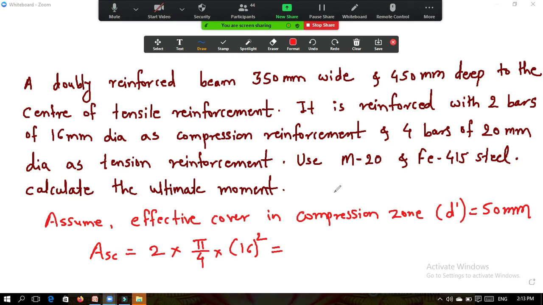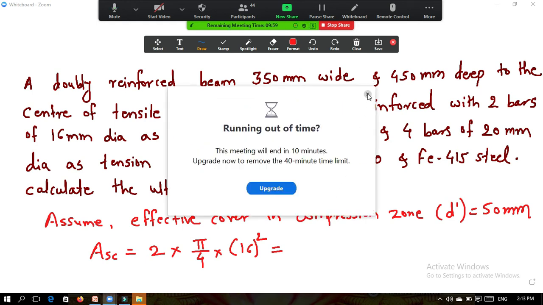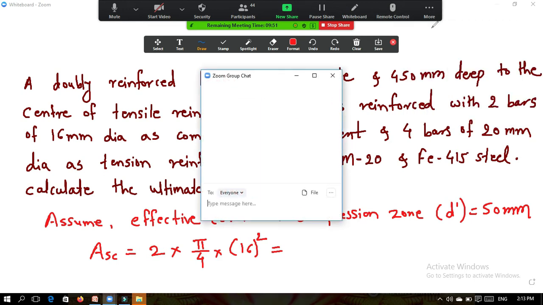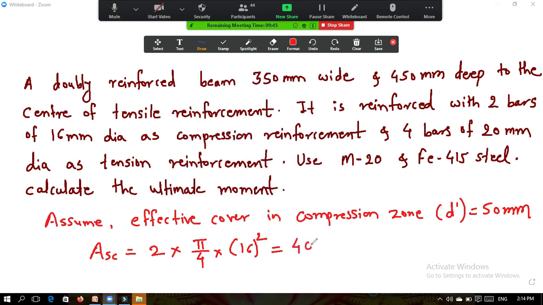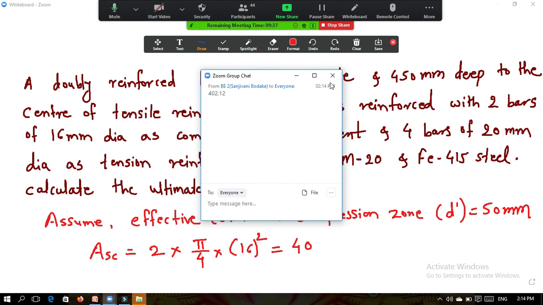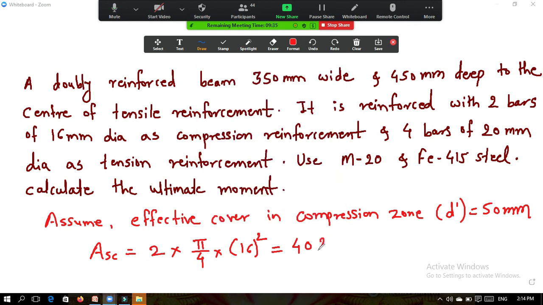Let me know the answer fast. 402.12. Okay, 402.12 mm square.